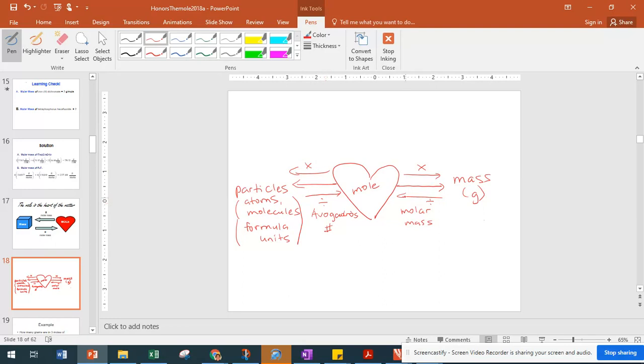What you should notice is that when we're going away from the mole, we're multiplying by one of these conversion factors, and when we're going towards the mole, we're dividing by one of those conversion factors.